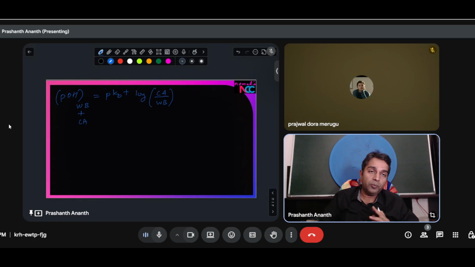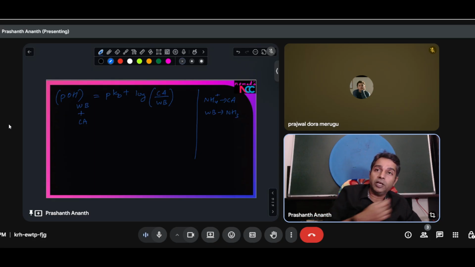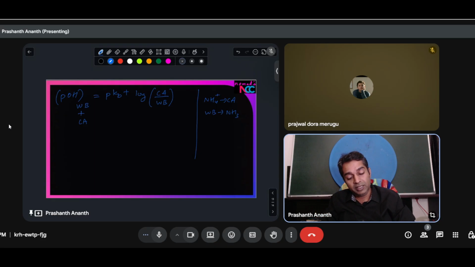So now let's play around with this and see how it works out. In this case NH4 plus was considered the conjugate acid and my weak base was ammonia. Let us now try to convert this equation directly. The pKb over here, the Kb was for ammonia.